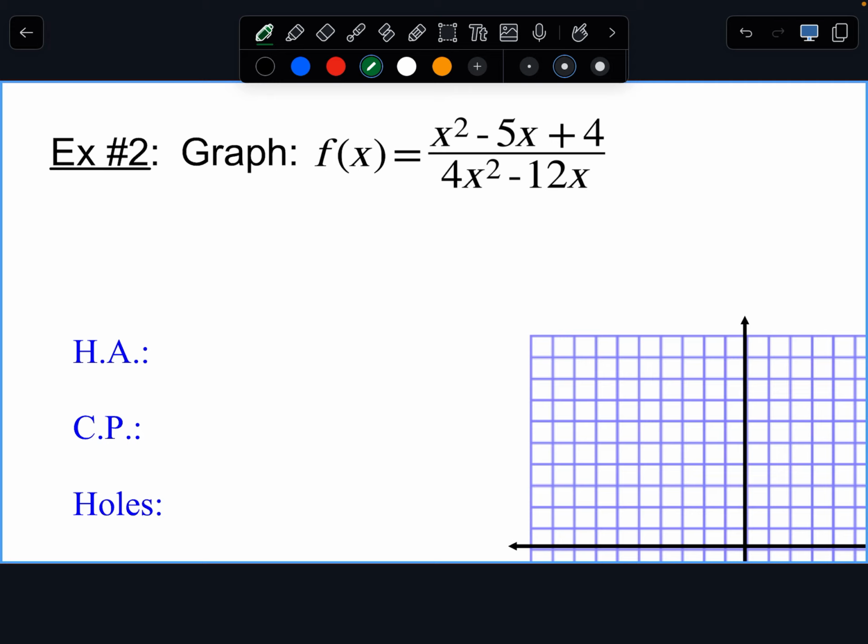And same thing, we'll run through the process, we'll run through everything.